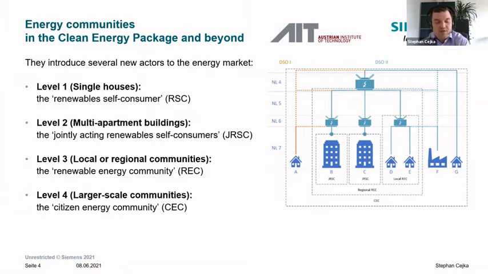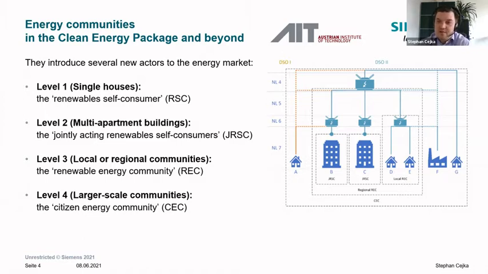In a recently completed Austrian research project called Blockchain Grid, we have mainly observed these legal aspects in the renewable energy community of level 3. The directives allow defining the proximity criterion, especially for level 3, on the member state level.